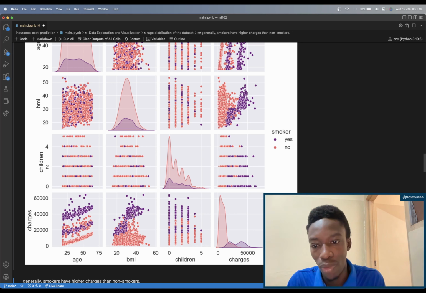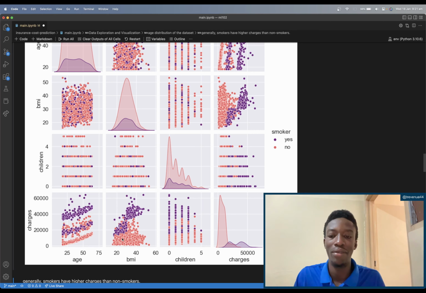As you can see, the violet one, which is representing yes for smokers, is the one that tends to increase, having a positive slope as the BMI increases. But for those who are non-smokers, it's sort of evenly distributed.